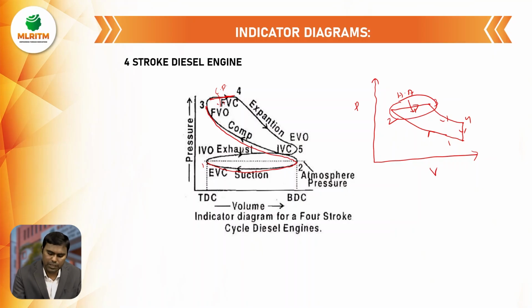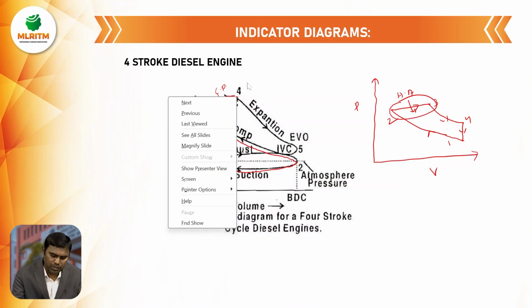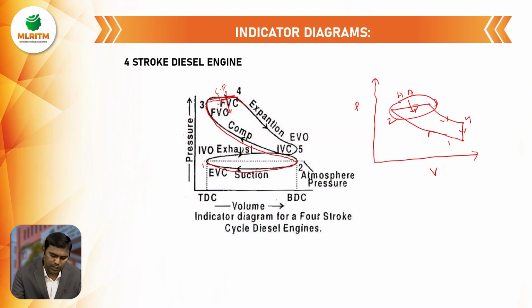Then automatic ignition takes place. This is called the constant pressure heat addition process. And this is the expansion process, and the exhaust gases move out into the atmosphere. All these things are clearly observed in an indicator diagram. This is the actual PV diagram.